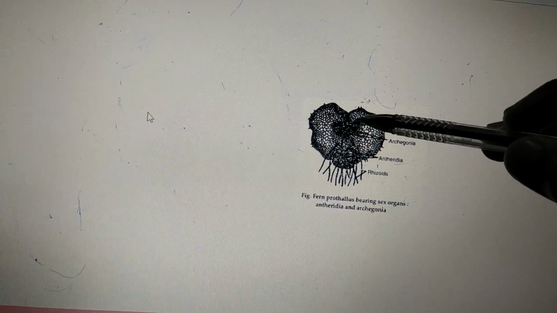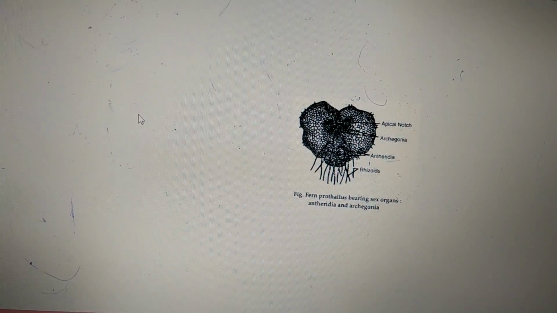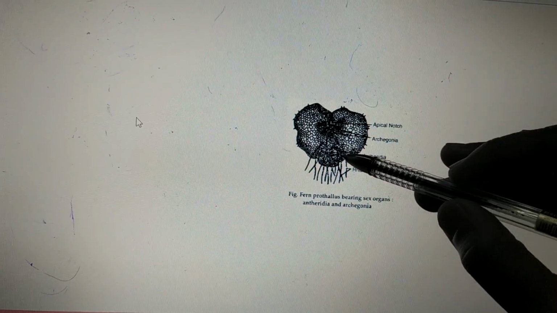As we all know, the gametophyte contains chloroplast, so it can carry out photosynthesis. It is independent. The two kinds of organs called antheridia as well as archegonia, which are nothing but the sex organs, are produced on this gametophyte. Now, where are antheridia and archegonia produced? Antheridia occur in the area of rhizoids.